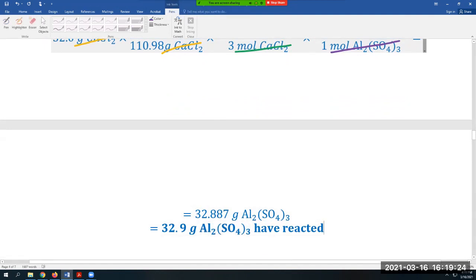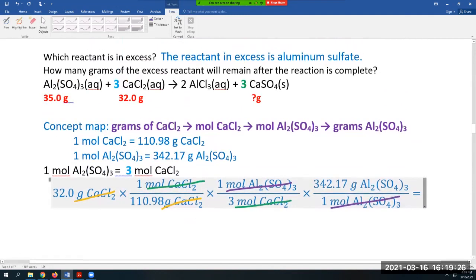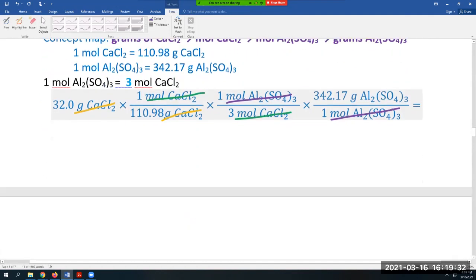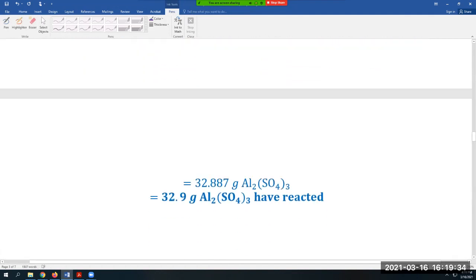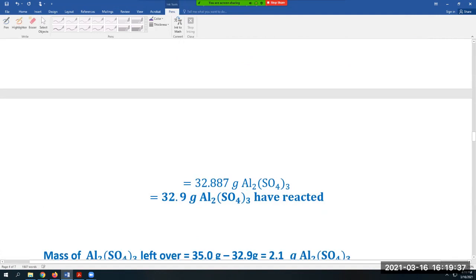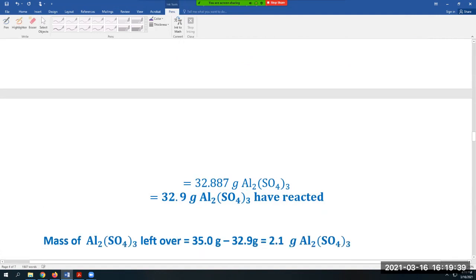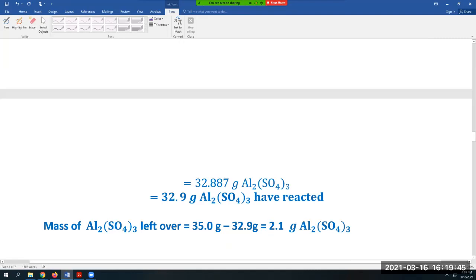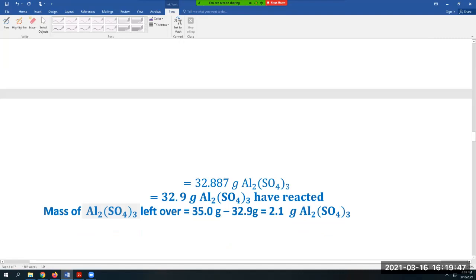To answer the question asking how many grams of the excess reactant will remain after the reaction is complete, we do the 35 grams that we had initially, minus the 32.9 grams that reacted. So 35 grams minus 32.9 is 2.1.